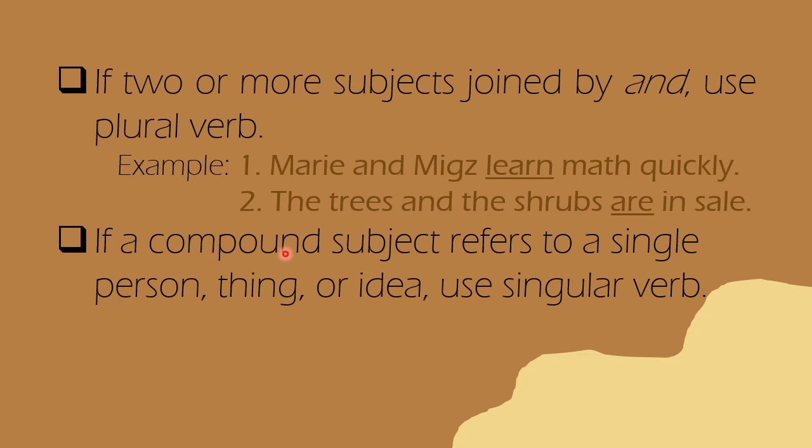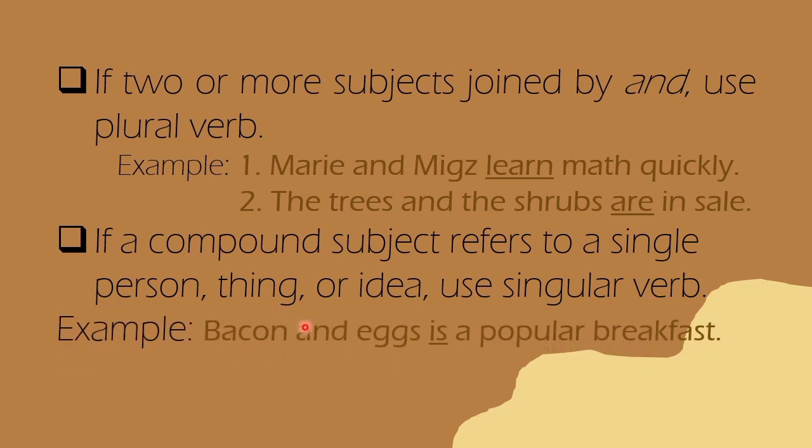If a compound subject refers to a single person, thing, or idea, use a singular verb. For example, bacon and eggs.